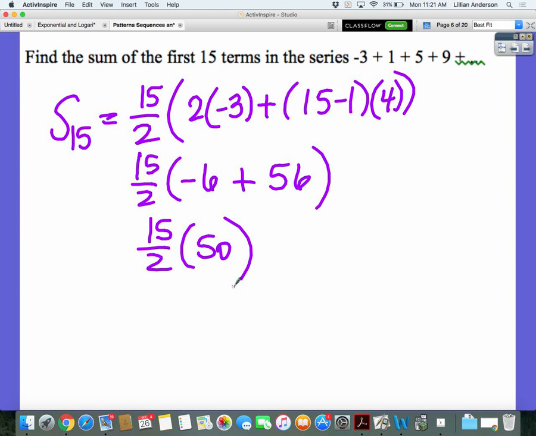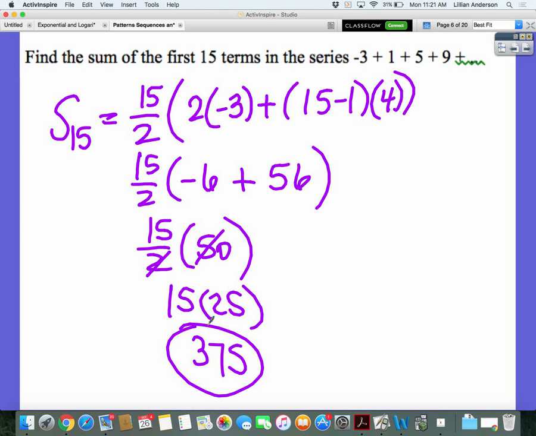Make it easier on yourself. How many times does 2 go into 50? So this is 15 times 25. You multiply 50 by 15, then divide by 2.